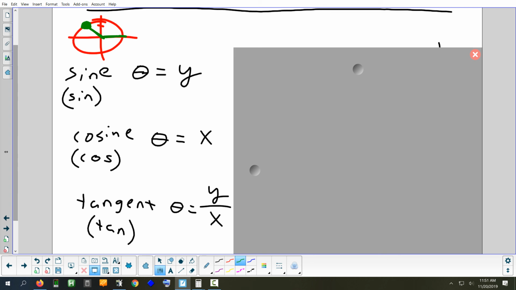Well, it's a function. You can take a number, plug it in, and you'll get a different number out. All of these functions do something to the number. I'm showing you how to calculate what they do. Sine gives you the y value. Cosine gives you the x. Tangent gives you the y over x.